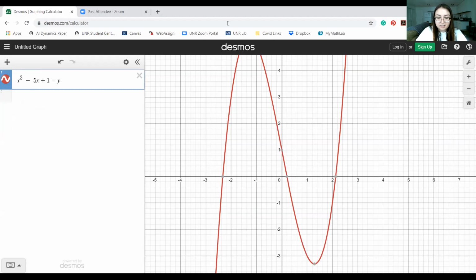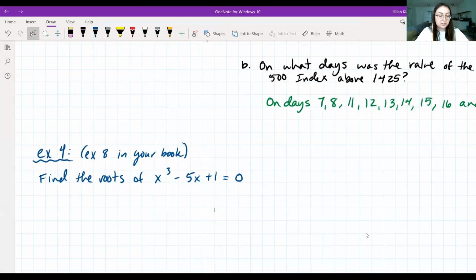And let's get back to our notes here, and we just fill in our answers. So we found the roots, which were, can I get my laptop down again?